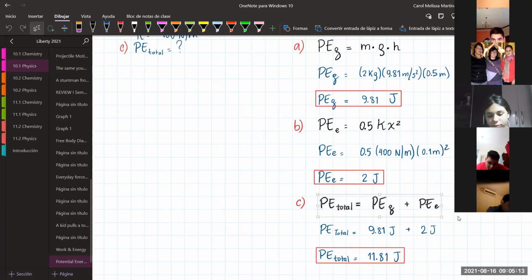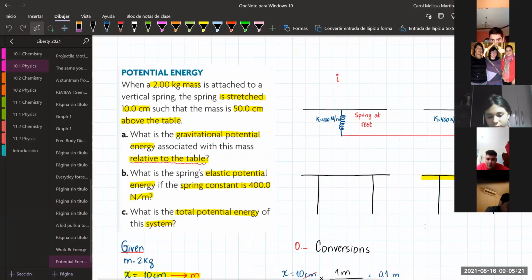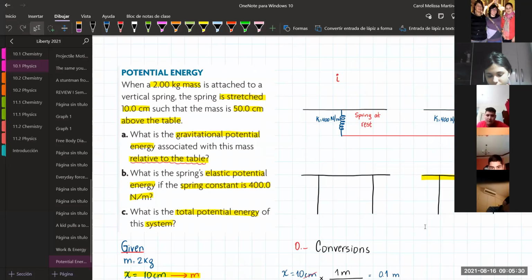Miss, the problem gives us 2 units of length, which are 10 centimeters and 50. How do you know which one is the distance and which one is height? Exactly. That is the best question that I received today. Thank you for asking it. X will include words like stretched or compressed.